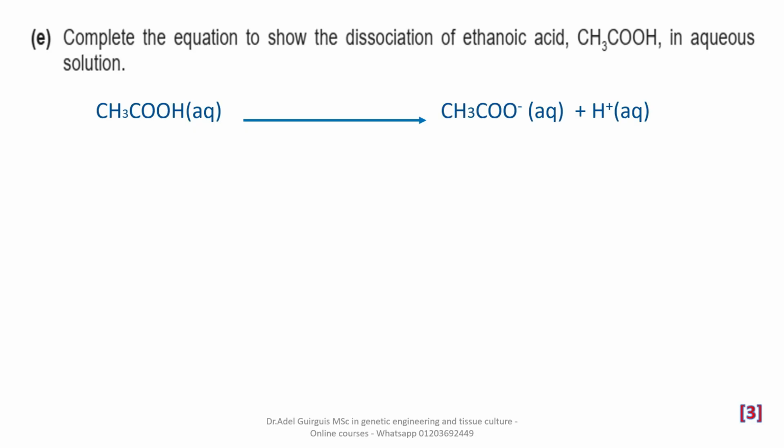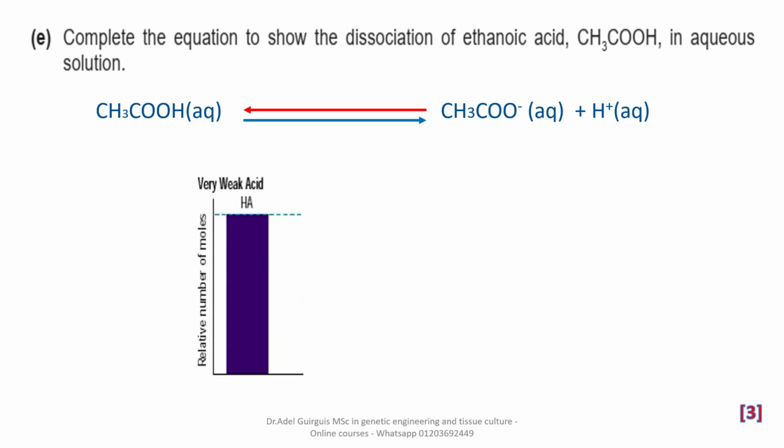It partially dissociates into acetate group and protons. Then reversibly these protons recombine with acetate group to form ethanoic acid. Again, it has a partial dissociation degree. It releases a smaller number of protons.